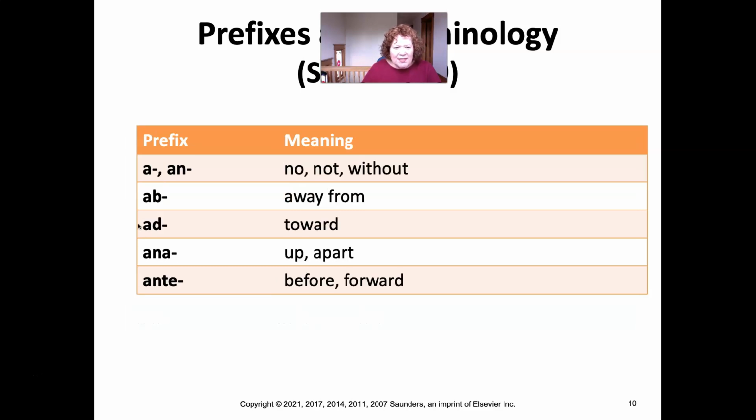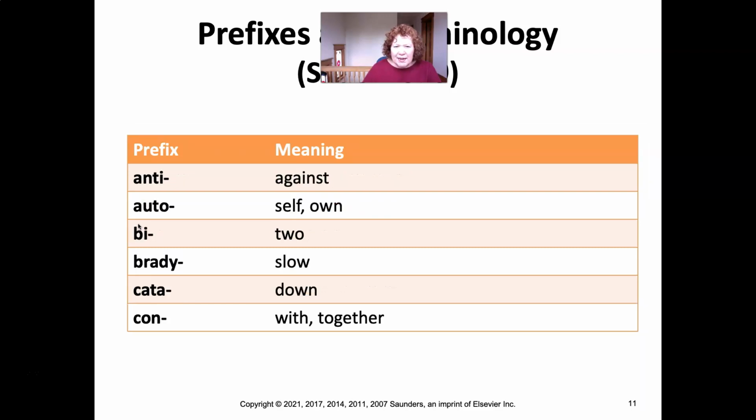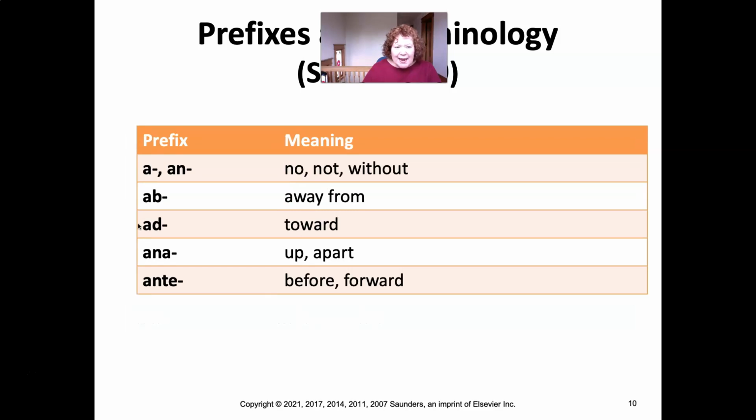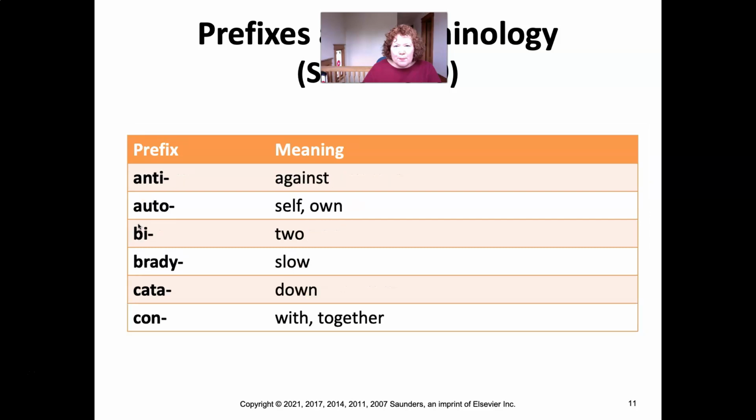Again, we've got ones that are spelled almost the same and they need to be pronounced differently because they are very different. Ante, like antepartum, before birth, versus antibiotic, against. So just really watch those.